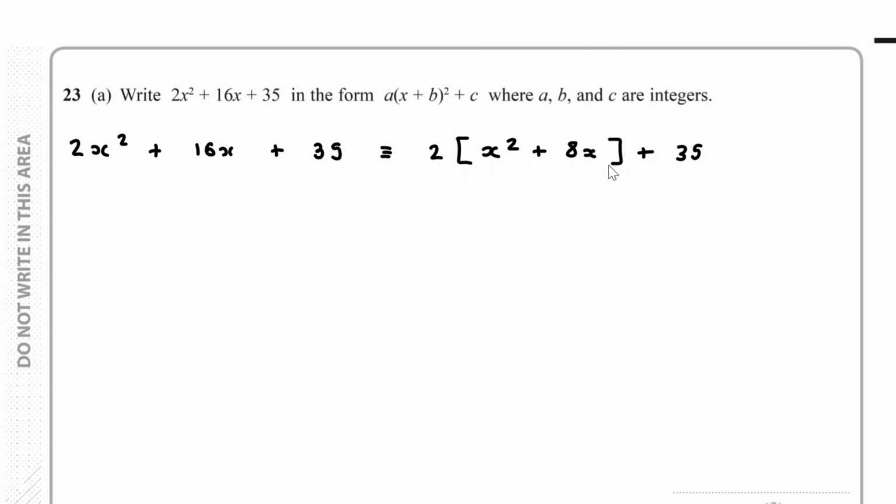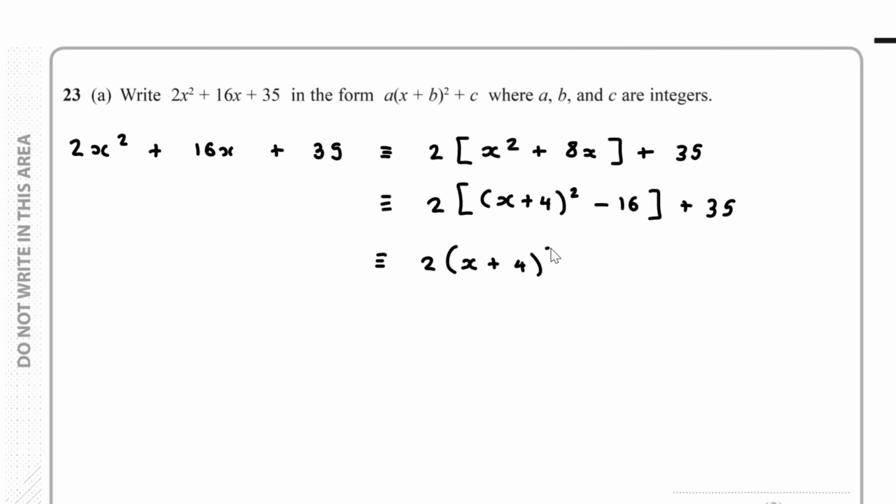Now we complete the square of this big bracket. So if I do that, we've got 2 lots of, well, half of the 8 is 4, so I've got x plus 4 all squared. Then I subtract off the square of 4, which is 16, close big bracket. Then I add on 35. So if I expand the 2 into this big bracket, I've got 2 lots of x plus 4 all squared.